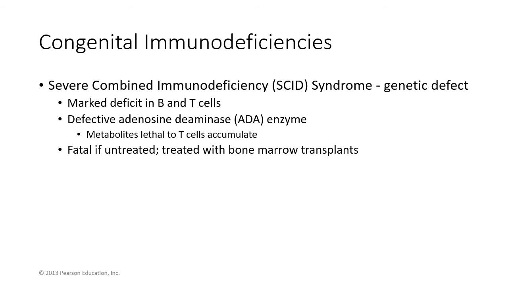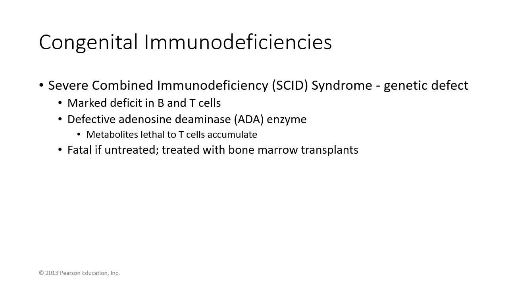So congenital immunodeficiencies. Some people are born with the inability to produce a certain type of immune cell, whether it be a B cell or T cell, and sometimes bone marrow transplants help. But severe combined immunodeficiency, or SCID syndrome, is a genetic defect where you do not have the ability to make B or T cells.